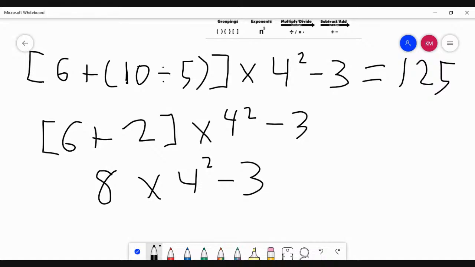Next up, we have exponents. Exponents would be the 4 squared. So we have 8 times 4 squared, which is 16, minus 3. Still with me?